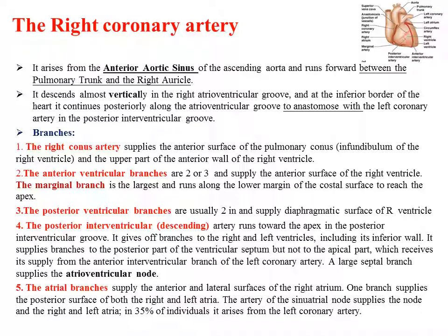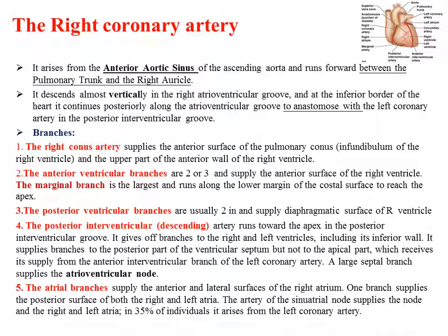Coming to the details, let us look at the diagram in the inset at the uppermost right side, showing the heart and arterial blood supply. The dark ones are the anterior ones, and the shadowed ones are the posterior ones. The right coronary artery arises from the anterior aortic sinus.